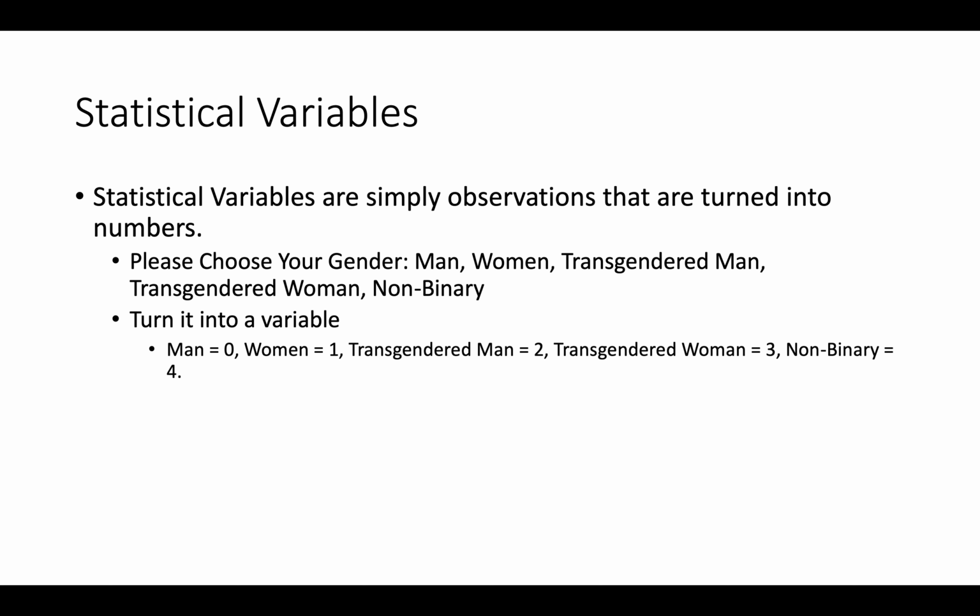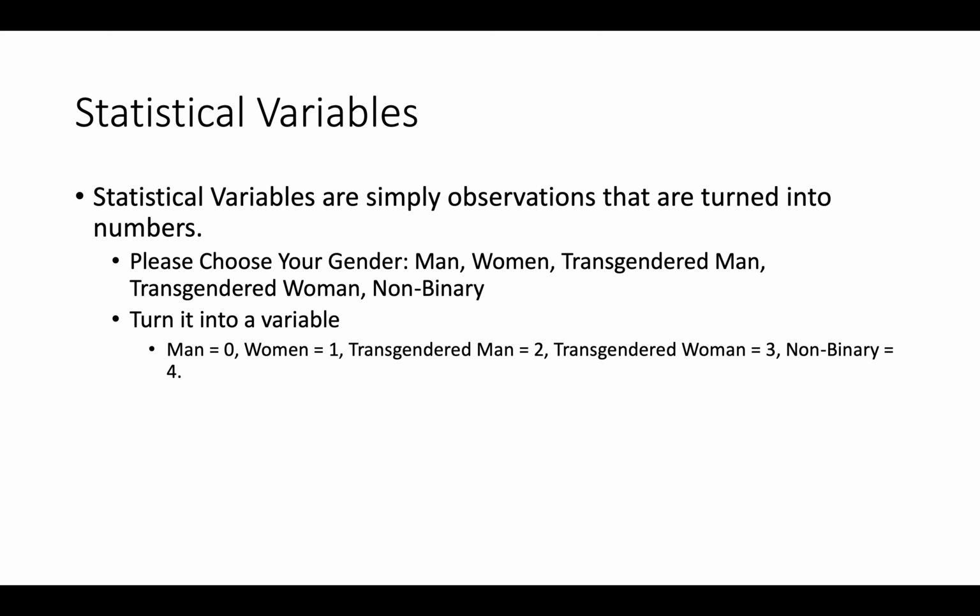In this case, these numbers do not mean anything about quantity of gender. They simply tell me that a participant identified in a very specific way, right?